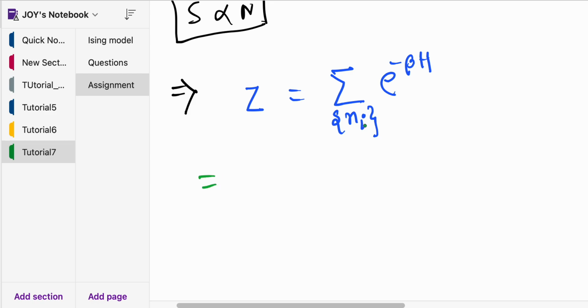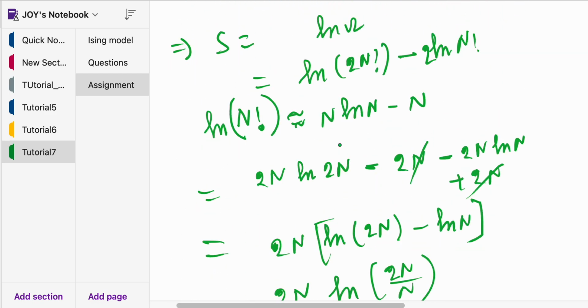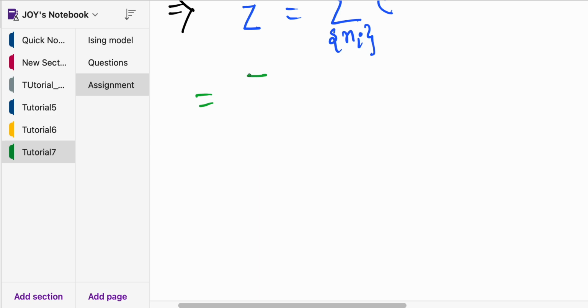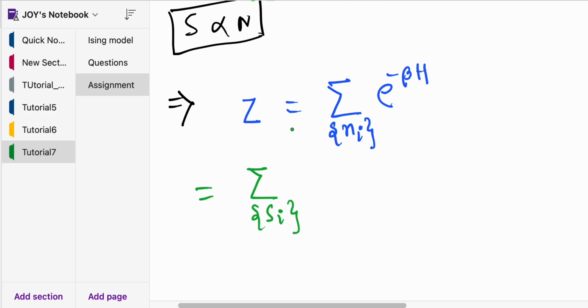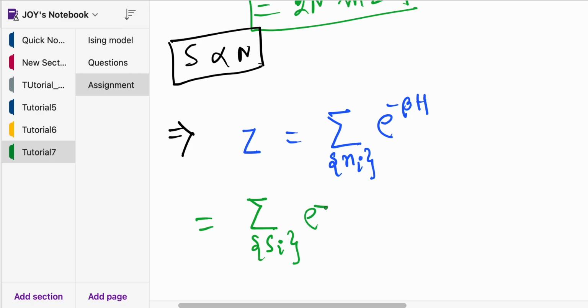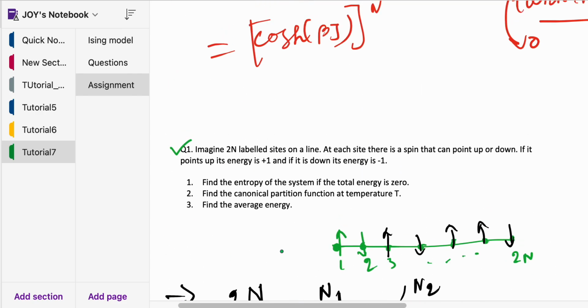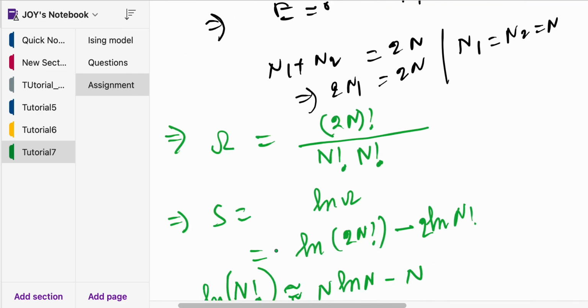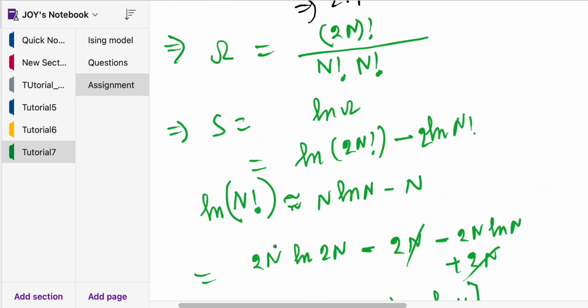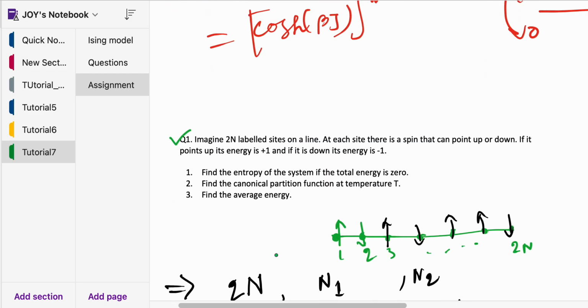Here the combination of the spins is there, that means summation over all the spins. And what is the energy? e to the power minus energy.